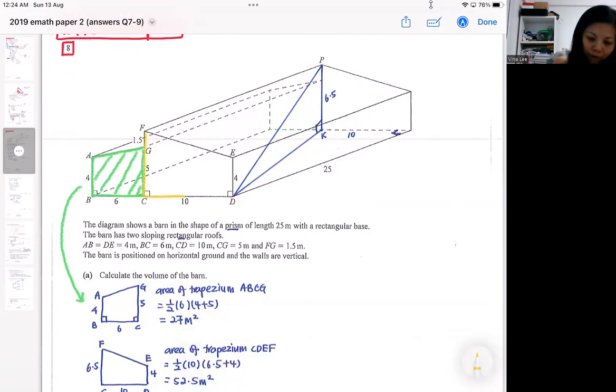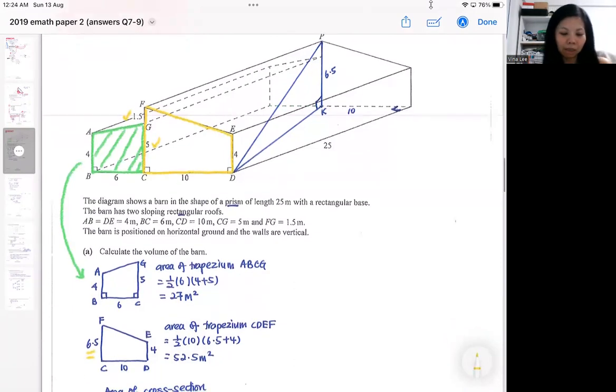So be careful of the big trapezium. The height of the big trapezium is 5 and 1.5, so it's actually 6.5. Some students actually make a mistake in the second trapezium. These two trapeziums make up the cross section of the bun.